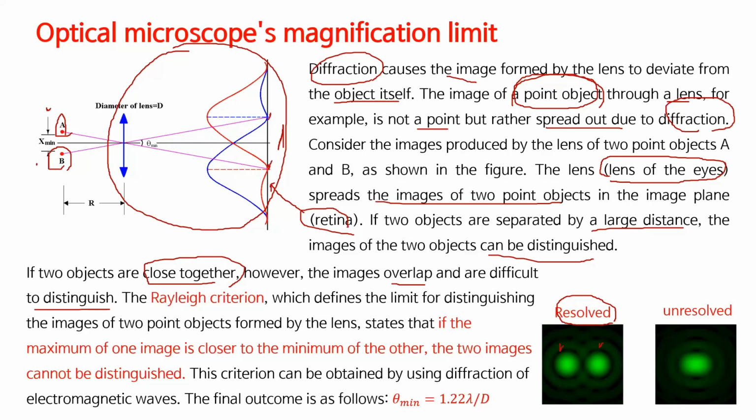However, as the two objects get close together, the images of the two objects also get close together, and we cannot resolve whether there are two objects or not.